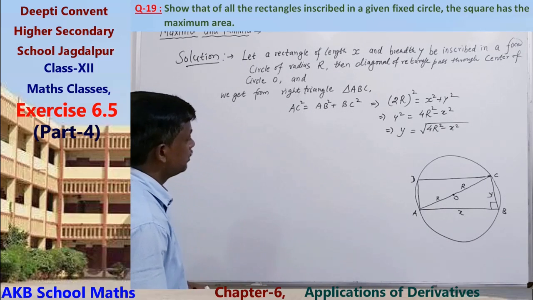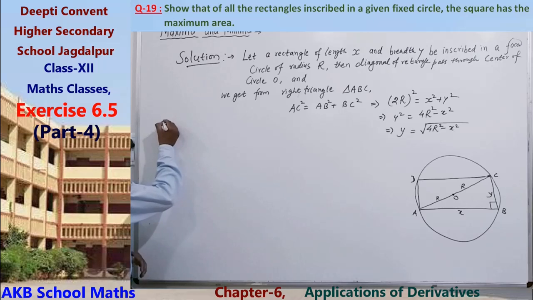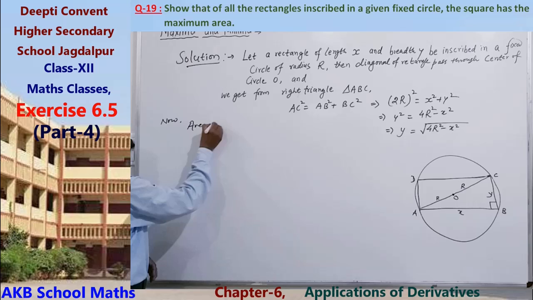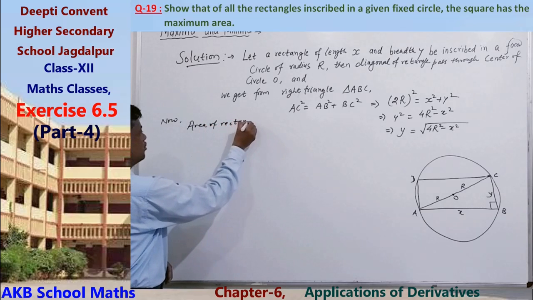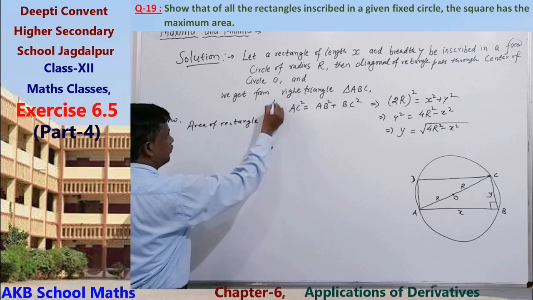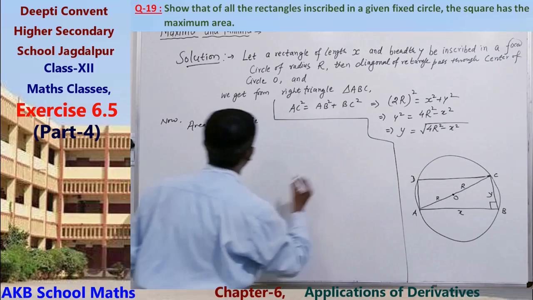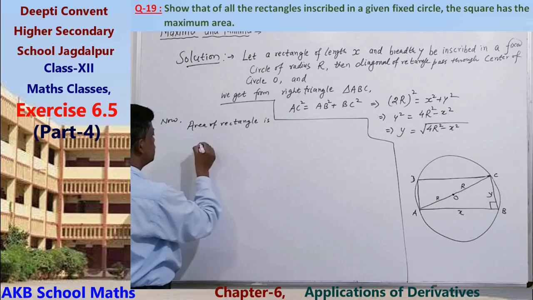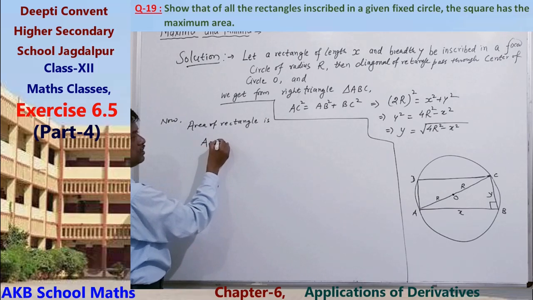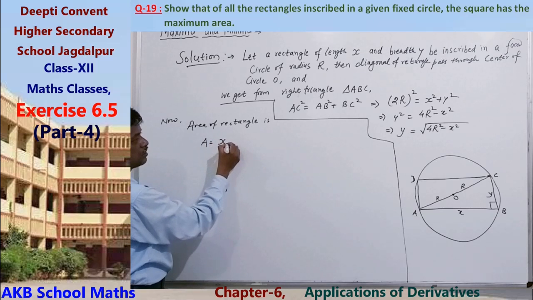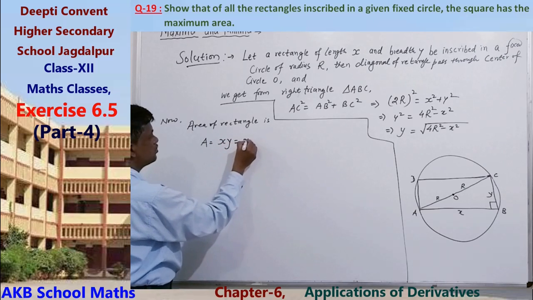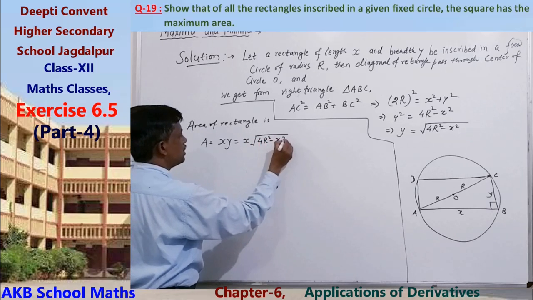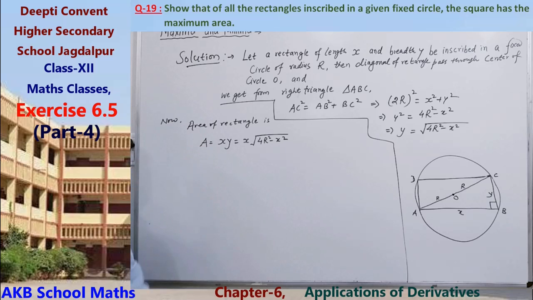Now, area of rectangle is A equals length into breadth. Length means X, breadth means Y. So X into Y means X into root of 4R square minus X square. This is the area. Now we have to maximize this.